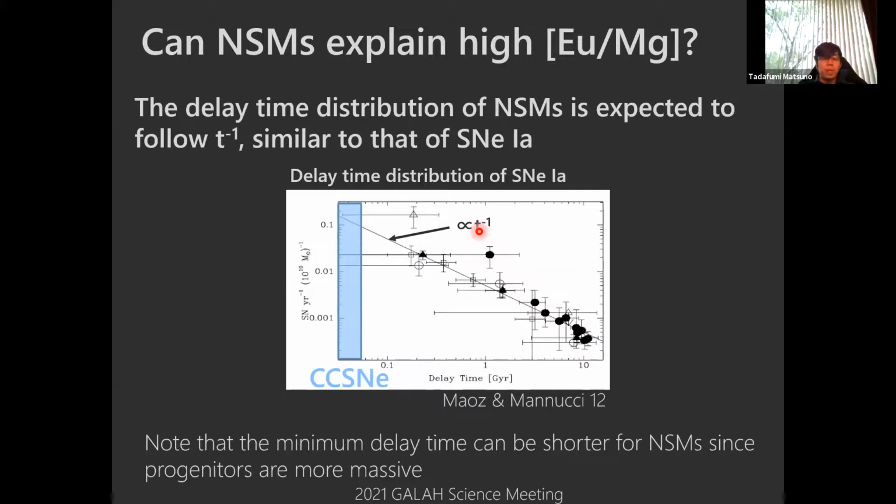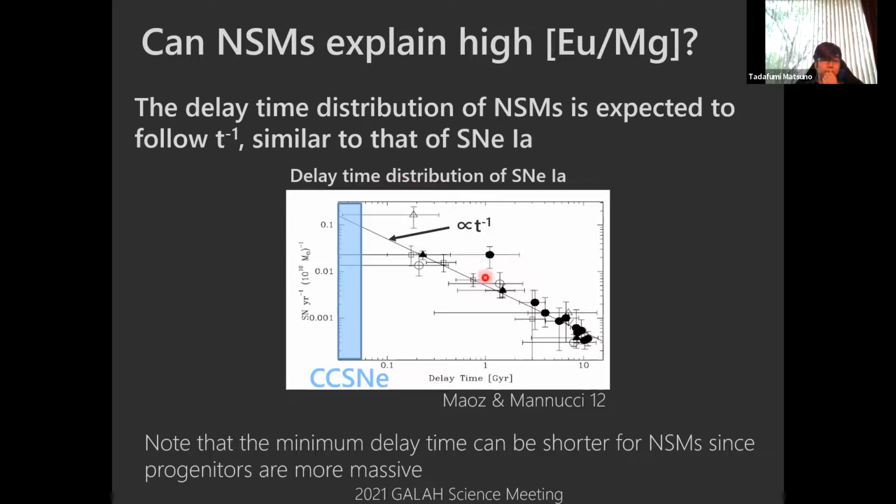We now move on to the interpretation. The key is the delay time distribution. Neutron star mergers are expected to have some delay time, because this event needs two neutron stars to merge, so it takes some time. Actually, the mechanism is kind of similar to that of type Ia supernovae, so the shape of the delay time distribution is expected to be roughly the same as that of type Ia supernovae.